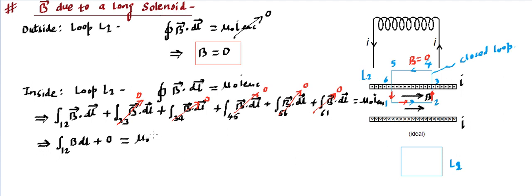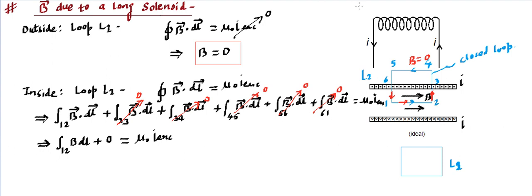So we need to find what the I enclosed is. That means what is the I that is going to be trapped in this particular part, or the Amperian loop that we have chosen, right? And since this is a long solenoid, finding the number of turns is going to be difficult.